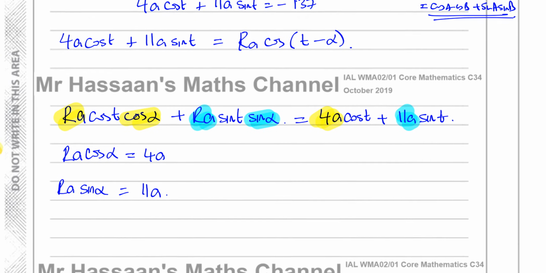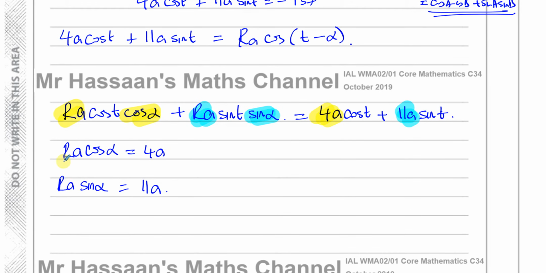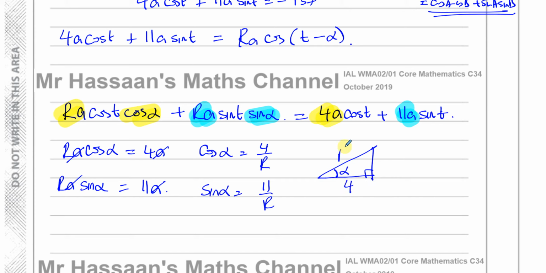From here I can find what r is, because I can cancel out the a's from both sides, and I know that cosine alpha is equal to 4 over r, and sine alpha is equal to 11 over r. So I can think about a right angle triangle with angle alpha, where the cosine of alpha is 4 over r and the sine of alpha is 11 over r.